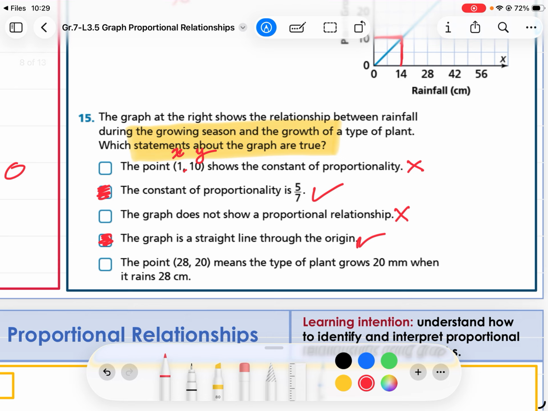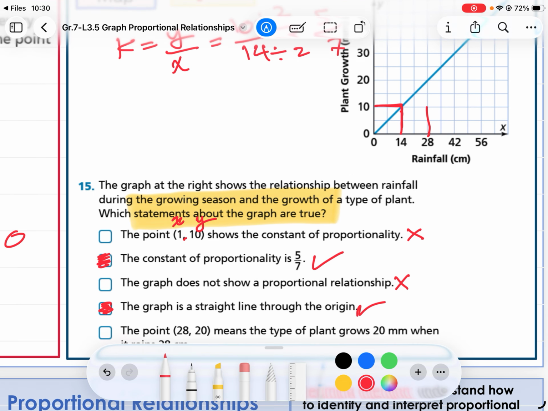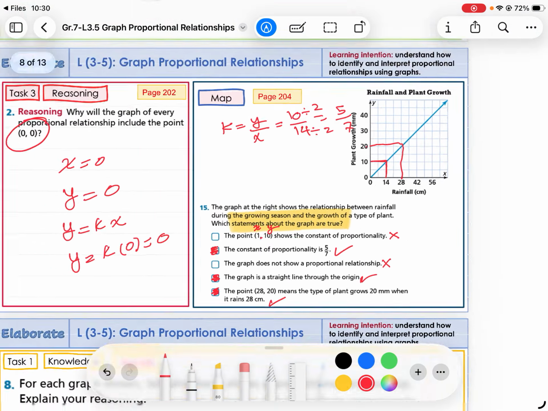Now, the point (28, 20) means the plant grows at 20 millimeters when it rains 28 centimeters. Yeah, the units are correct. If they flip the units, if they said 28 millimeters, that will be wrong. But here they put the units correct. So yeah, it's a correct statement about the graph.